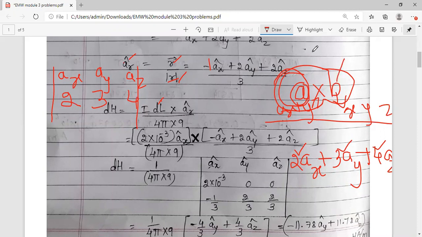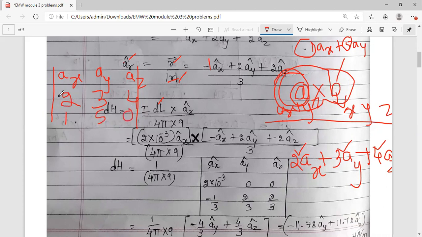Now B, suppose B is 1aX, some example, plus 5aY. You don't have a z term, okay? Only two coordinates are specified, 1 and 5. So the third row of your determinant includes these coefficients: here the coefficient is 1, here the coefficient is 5, and you don't have aZ, so put it as 0.